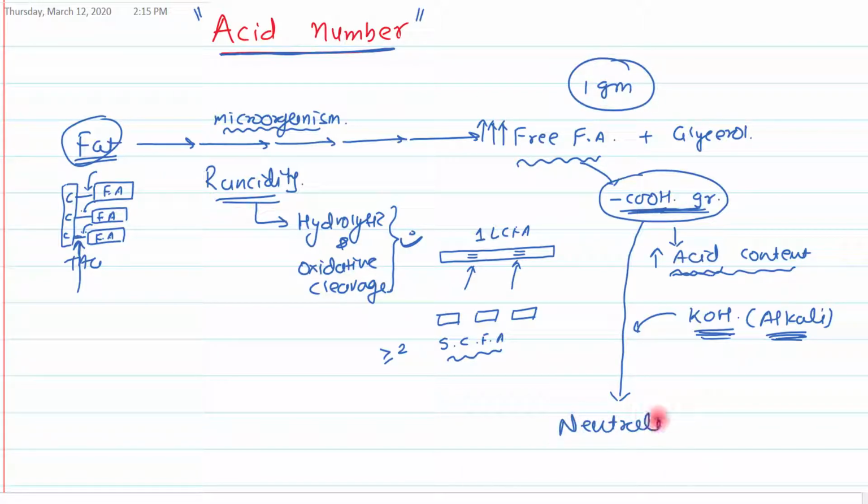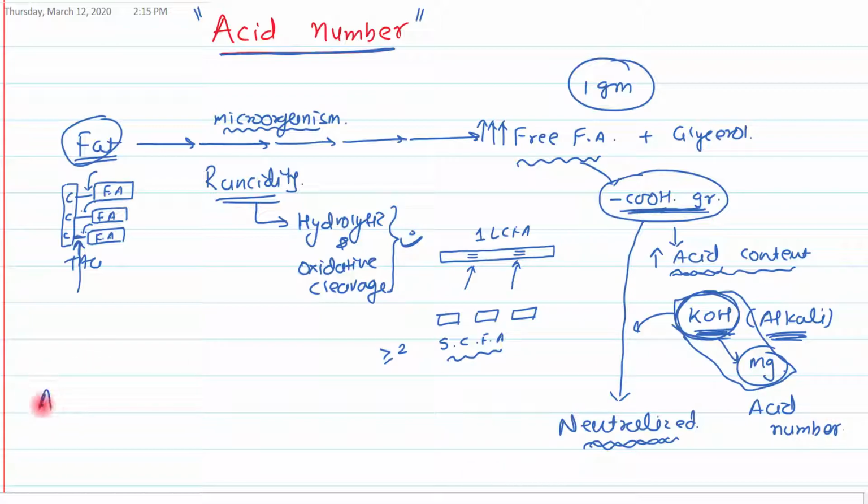The milligrams of potassium hydroxide added to the 1 gram of fat so that all the acidic groups are neutralized, that quantity of KOH, is known as the acid number.